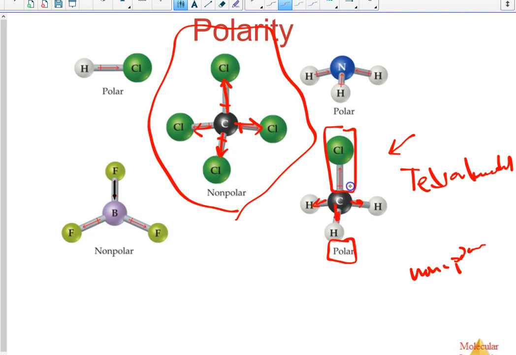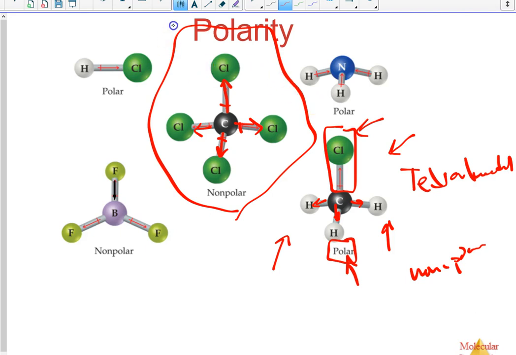All right? But this one here will win. Okay? So when you're asked if it's polar or not, looking at the shape is the first thing you should do. All right? And if it looks like something that can cancel everything out, you say nonpolar, but also double check that all the atoms match around the central atom. It's sort of a trick question. Are we okay with that?